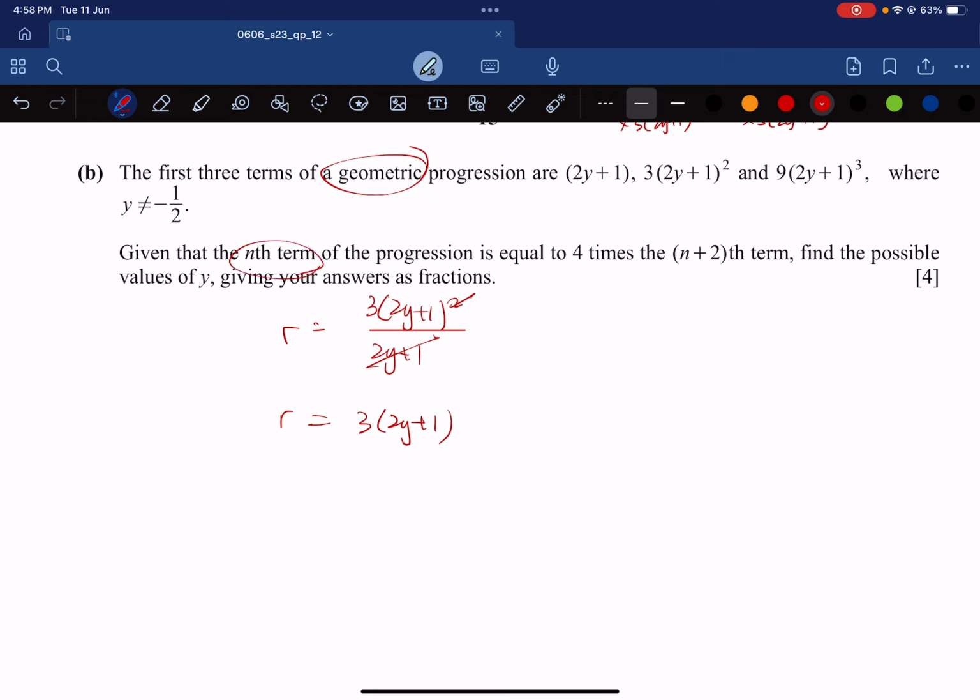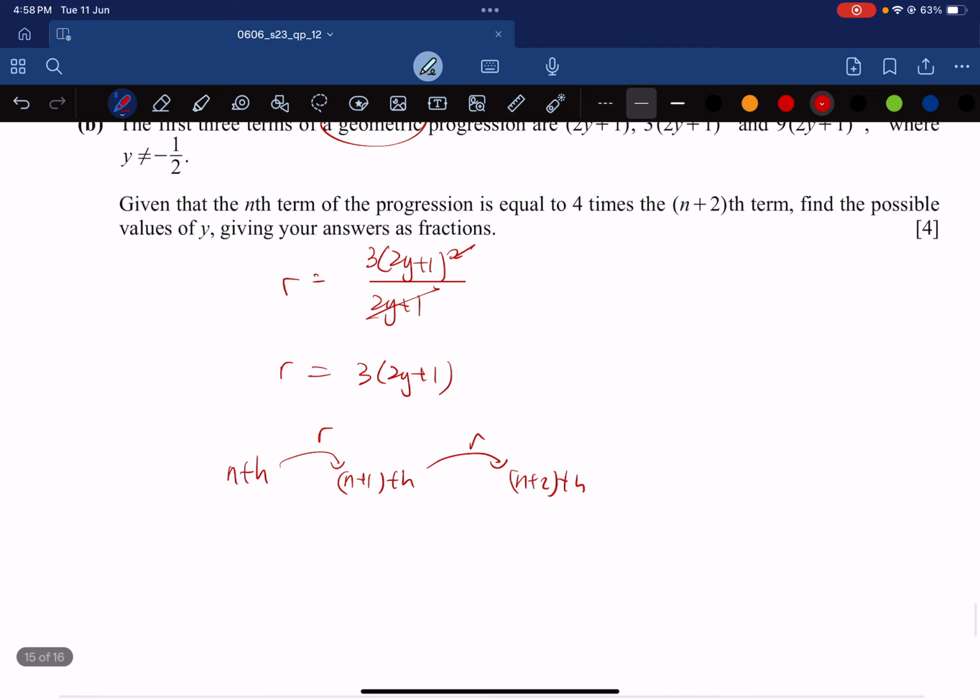Given that the nth term is equal to 4 times the (n plus 2)th term, so from the nth term to the (n plus 2)th term, it multiplied the common ratio 2 times, right?